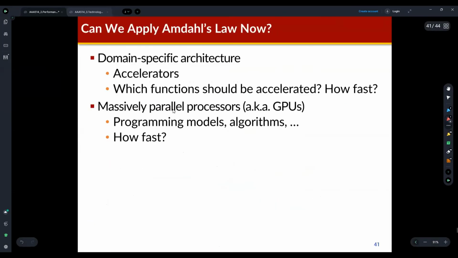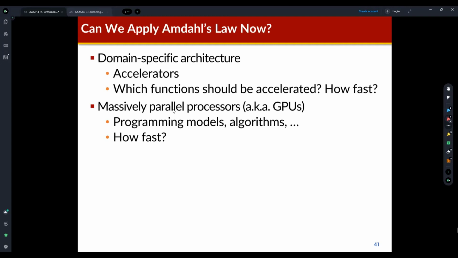The problem is that Moore's law is ending. That means it's very hard to apply more advanced semiconductor technology in the CPU or processors. And that's the problem. How can you apply Amdahl's law currently?